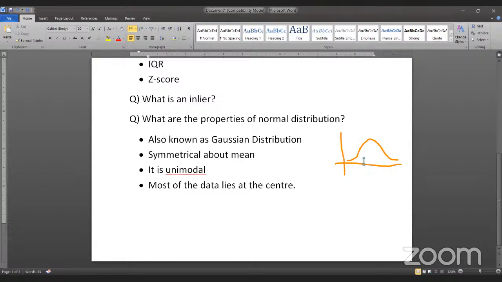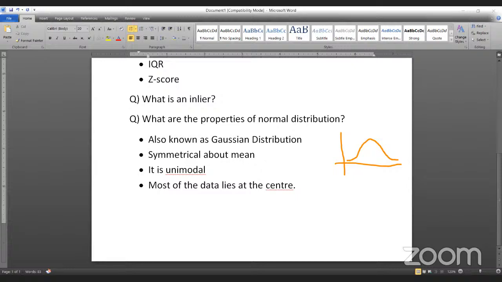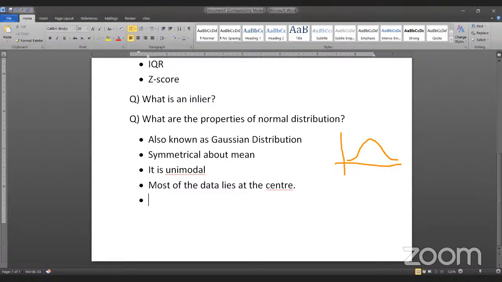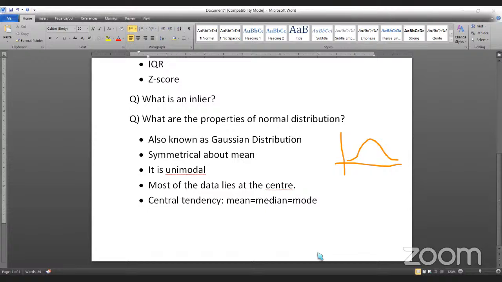Also, the data is sparse at the ends, you can say. And also it has central tendency, which is mean equals median equals mode. And they are perfectly symmetrical about the midpoint.